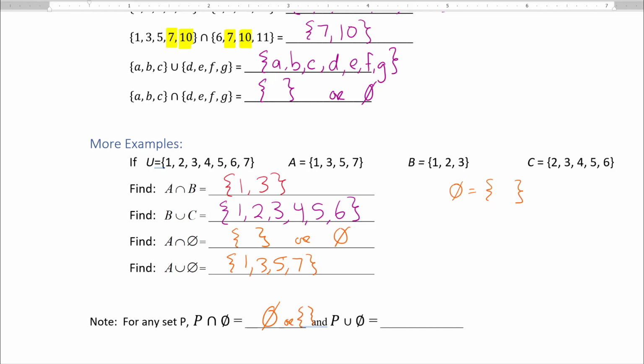But if I have any set P union with the empty set, it's always going to be the set P. For any set there is, if you ever union it with the empty set, it's going to be itself. If you ever intersect it with the empty set, it will be the empty set.